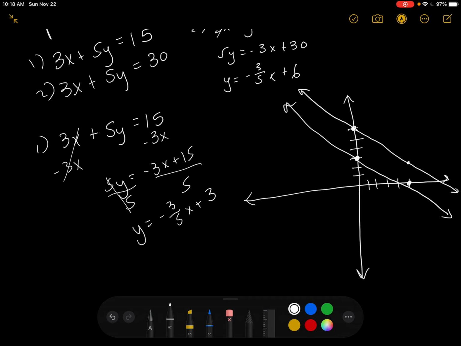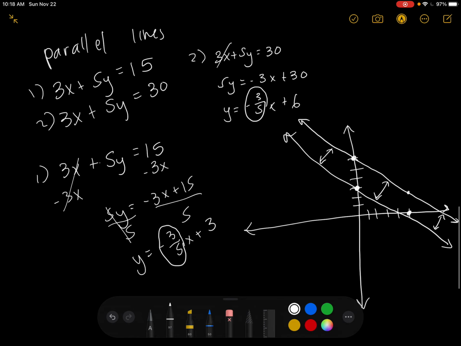And again, if you do this on a grid with a ruler and everything's straight, then these lines are always staying the same distance apart from each other. These are parallel lines. And if you look at them, it's because they have the same slope. So it makes sense because each line is changing at the same rate as the other. So this is why they are never ever going to cross each other.